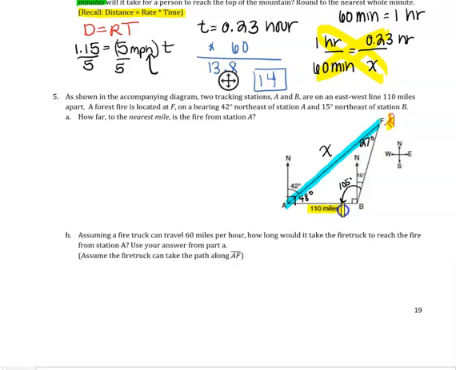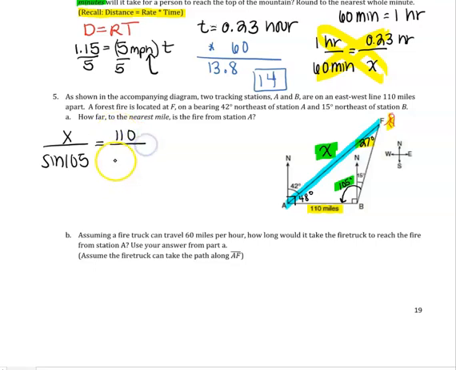Okay, so now I have all my angles figured out. This 110 as a side length that they gave me is opposite the 27-degree angle. This X that I'm looking to find is opposite the 105-degree angle. Now I have my info to set up law of sines. So X over the sine of 105 equals 110 over the sine of 27. Now I cross multiply and solve.